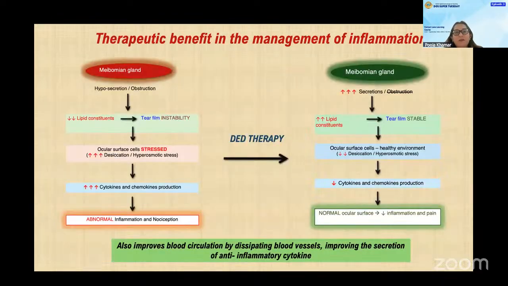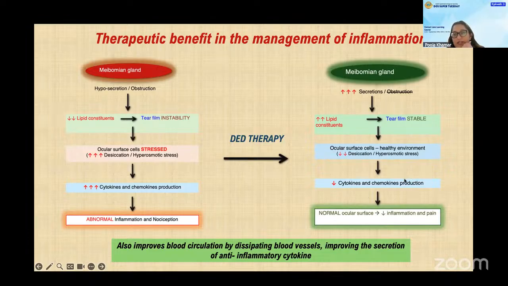Now, how does this help? We all know that if there is MGD, there is a lesser lipid concentration, which leads to abnormal inflammation and nociception. And if you do one of these dry eye therapies, it reduces your obstruction, increases the quality of secretions, makes your tear film stable, and reduces the stress on the ocular surface.